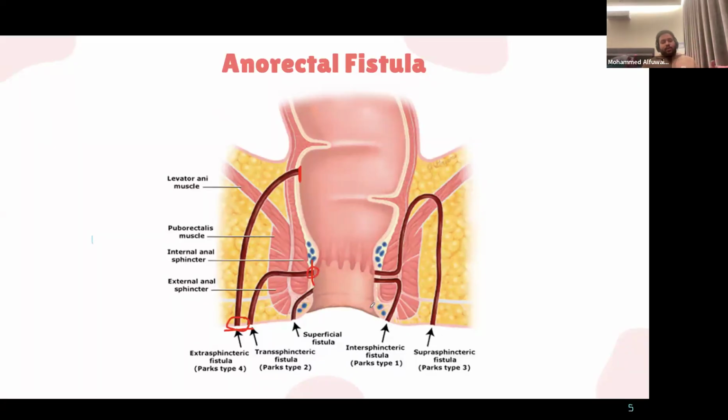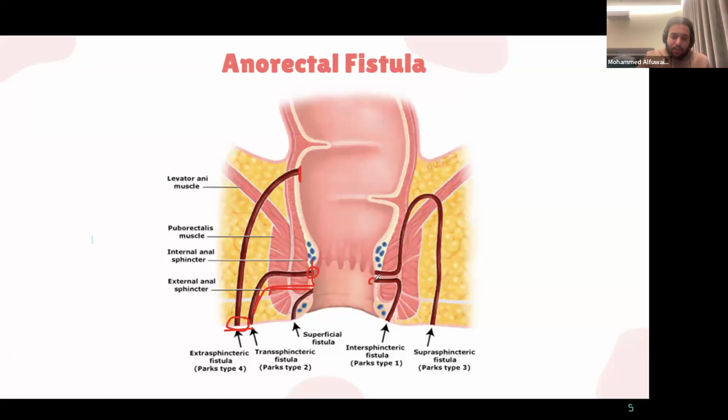The classification that we have for anorectal fistula is something called the Parkes classification, which has 4 types: intersphincteric, transsphincteric, extra, and supra. You don't need to know this, I don't think so, okay? But basically, transsphincteric goes through the 2 sphincters, the internal and external sphincter.